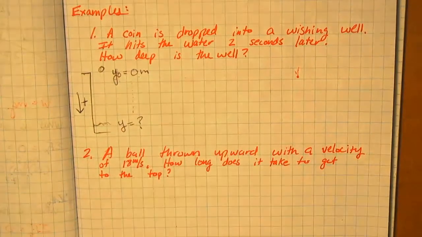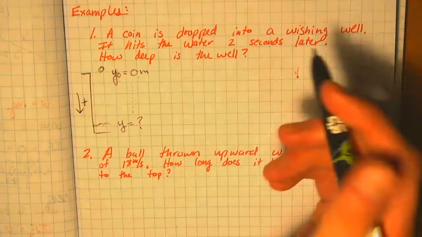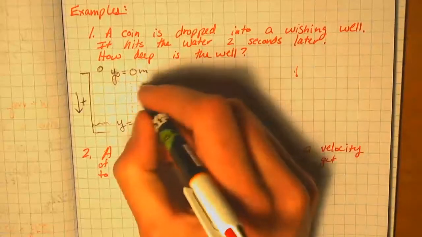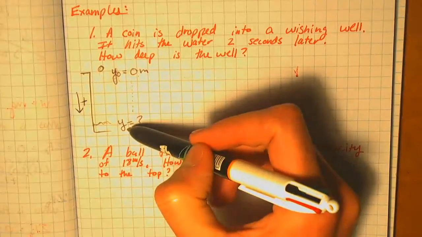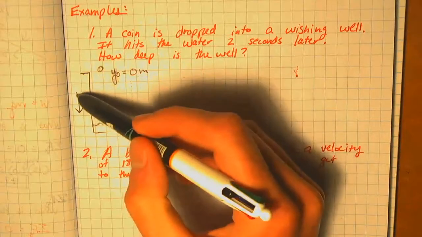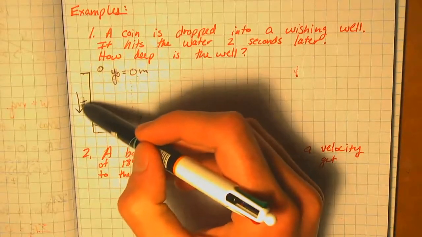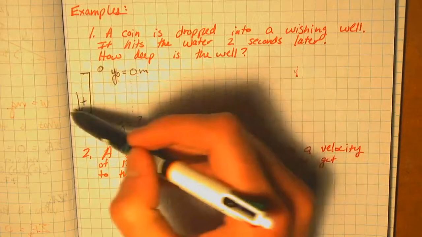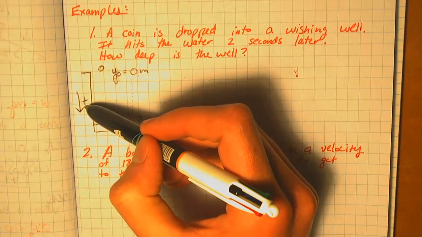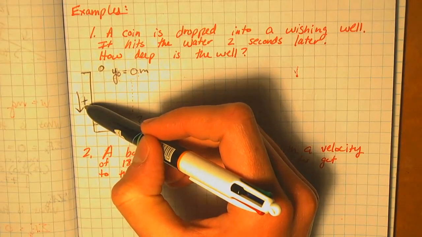So you have to be careful: where you put y naught and y, what you call 0, is dependent on whether you're calling down positive or up positive.